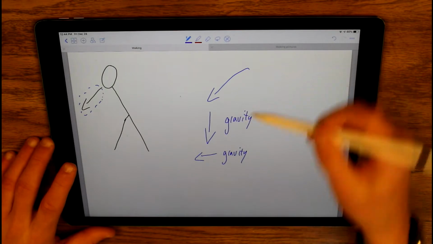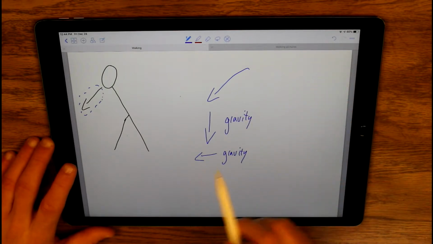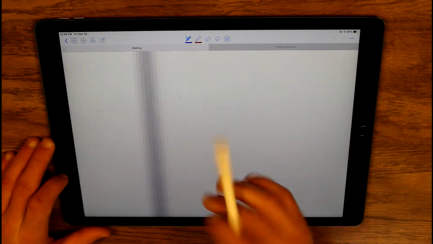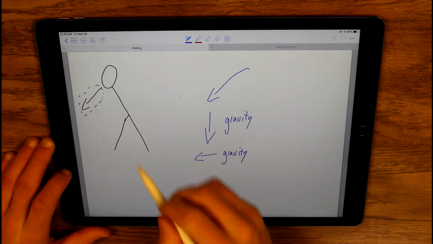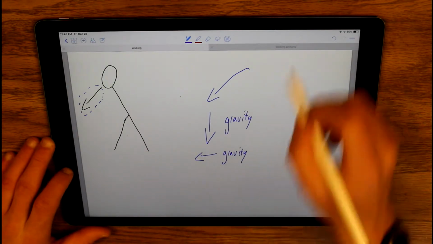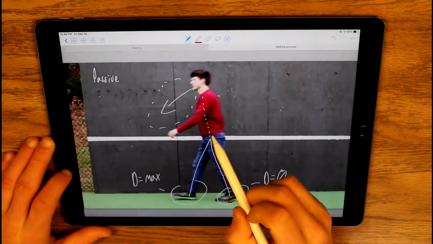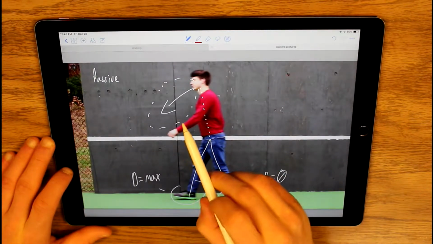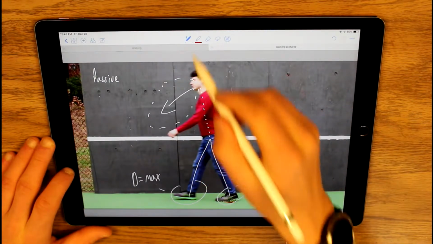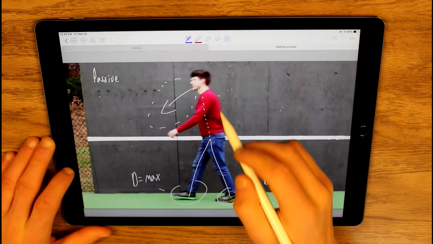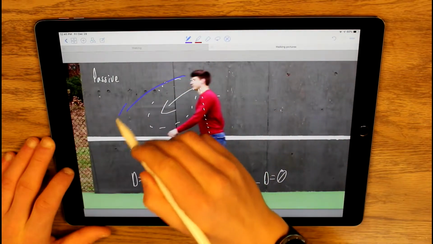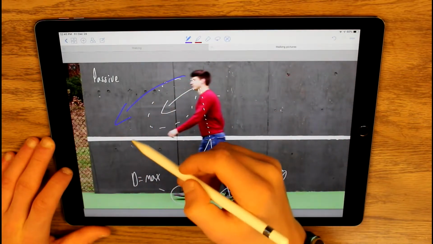But it means that gravity isn't just pulling down, gravity is also essentially pulling you over in the left direction. Gravity is pulling you left. And so as we're walking passively, we are able to utilize gravity to our advantage to move our bodies that way, to be able to move our bodies over.